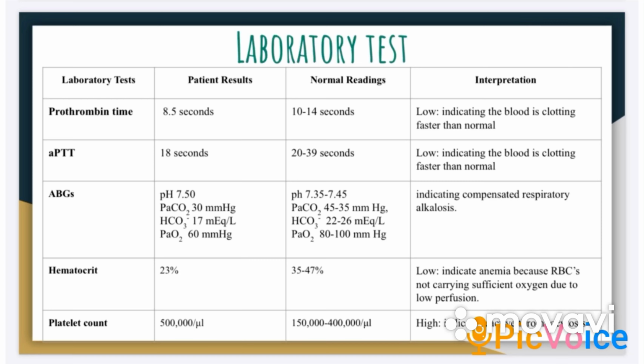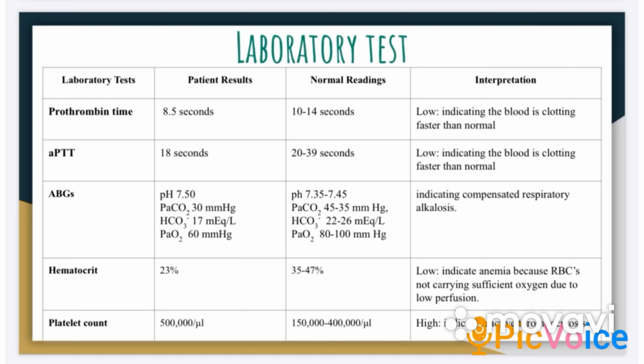So we say that this patient is in compensated respiratory alkalosis because the kidneys excreted the bicarb in hopes of decreasing the pH, meaning that it's trying to compensate for the high pH by excreting bicarb to lower it. And she's in respiratory alkalosis because her partial pressure of carbon dioxide decreased, and the pH is high, it's spiked.